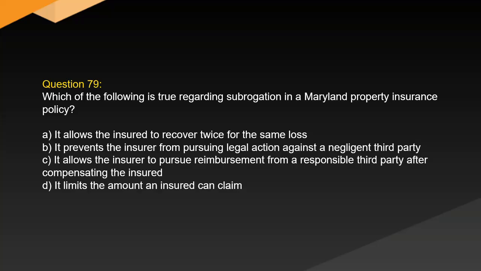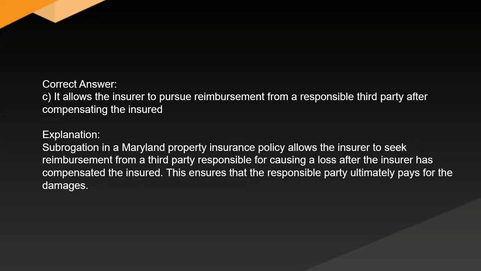D, it limits the amount an insured can claim. Correct answer: C. Explanation: Subrogation allows the insurer to seek reimbursement from a third party responsible for causing a loss after the insurer has compensated the insured. This ensures that the responsible party ultimately pays for the damages.